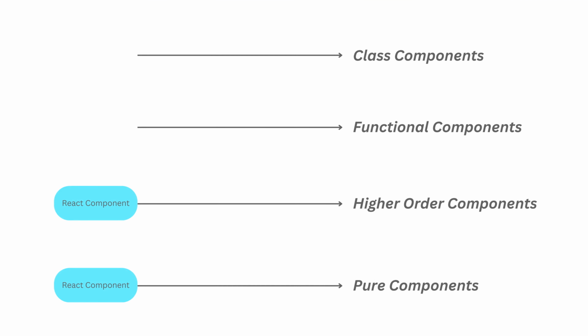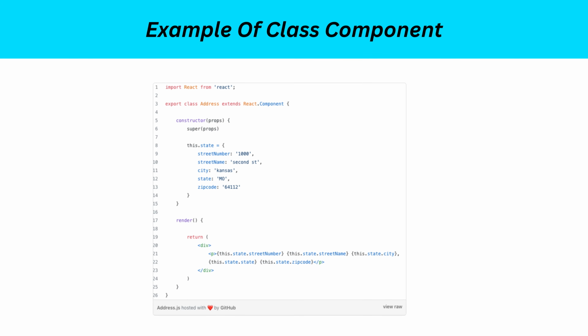So here is an example of class component. I did not put all the lifecycle methods, all the things of class component here, but here is an example of class component. First, we extend react.component at line number 3, and then we initialize the state in the constructor. If you look at the state, we have street number, street name, city, state, all these variables.